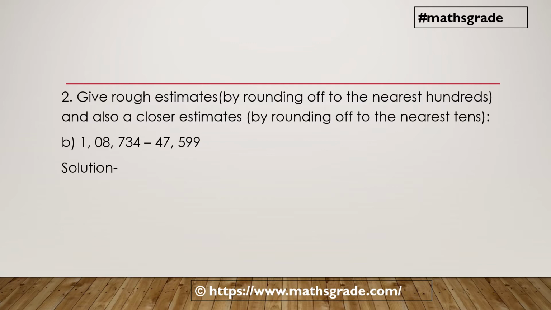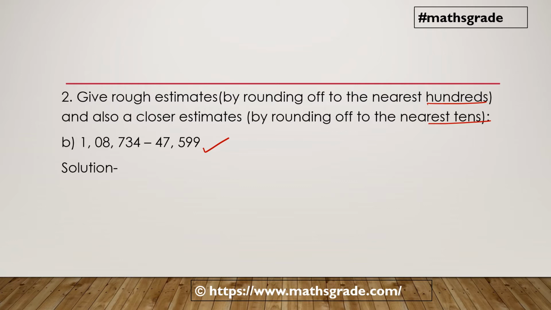Now we will solve question number 2, part B: 1,08,734 minus 47,599. Give the rough estimate by rounding up to the nearest 100, and also a closer estimate by rounding up to the nearest 10. So first we round off these numbers to the nearest 100.